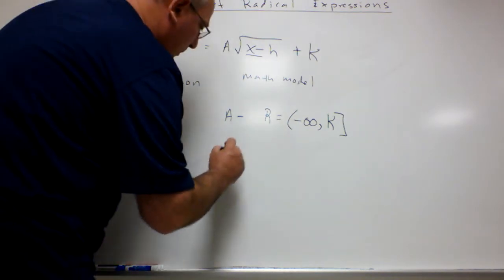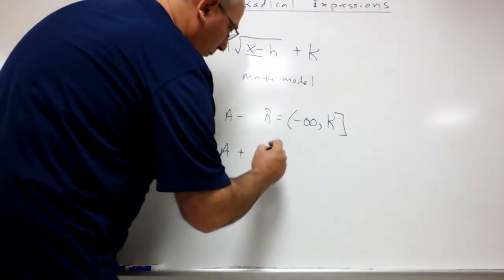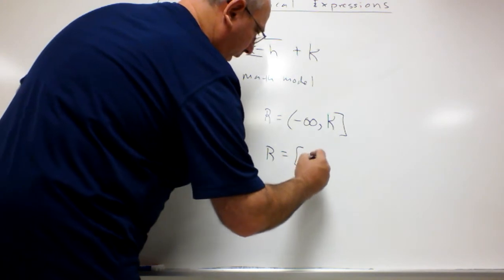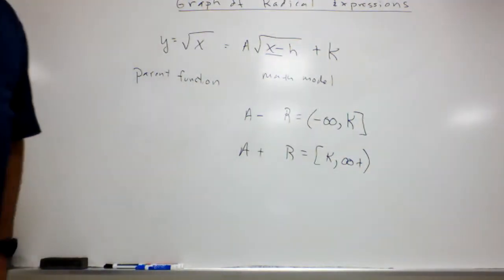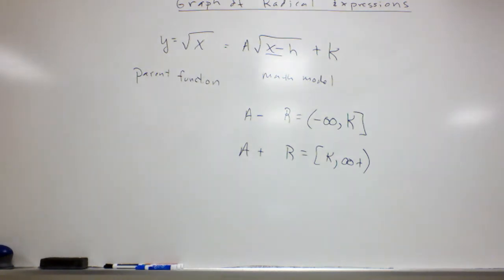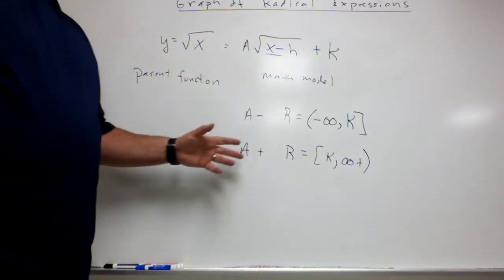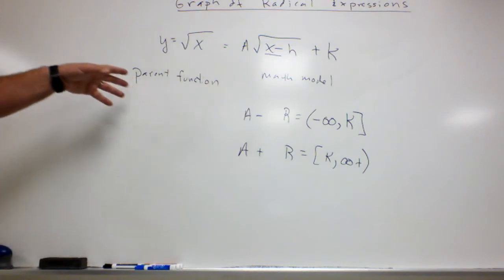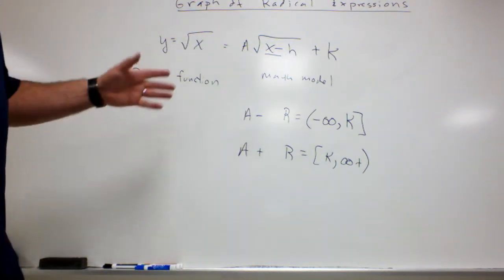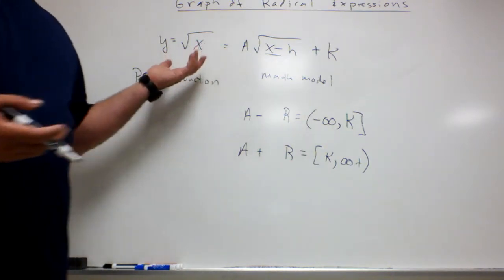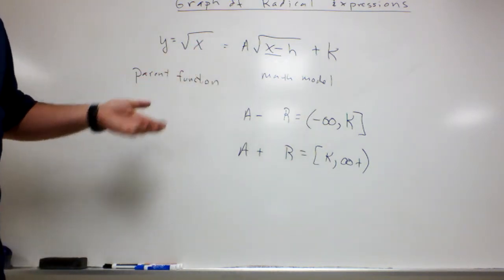And if a is positive, then the range goes from k to positive infinity. So those are the special things about the math model. Now we're going to graph the parent function, and all of the equations should look somewhat similar to the parent function.